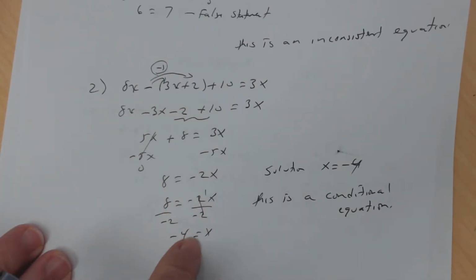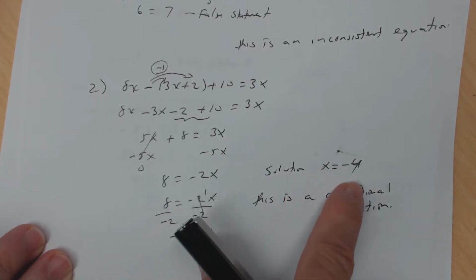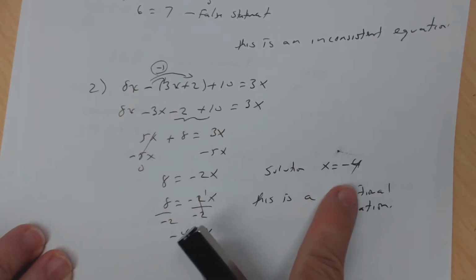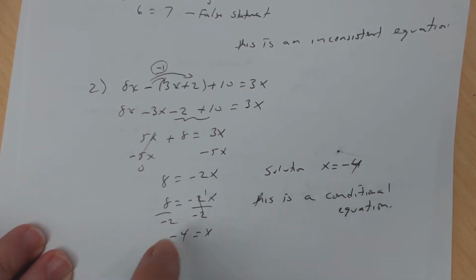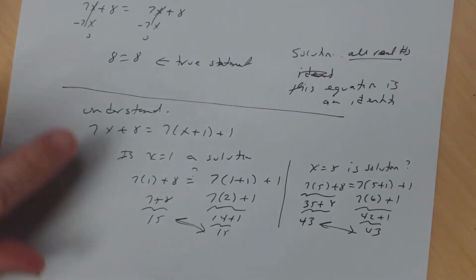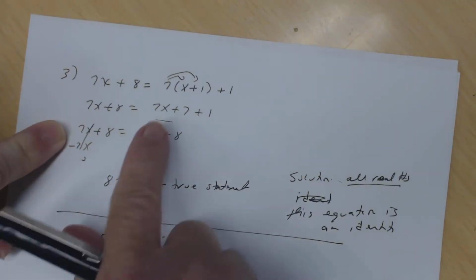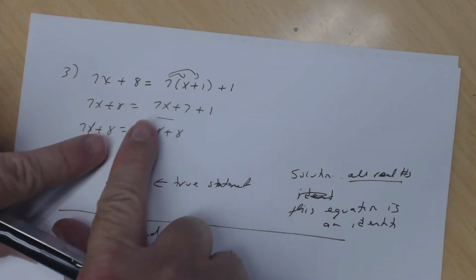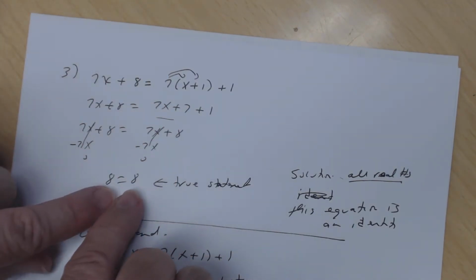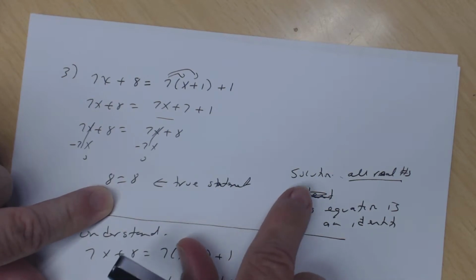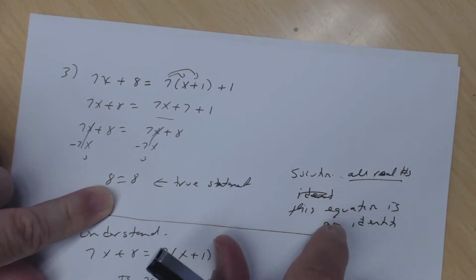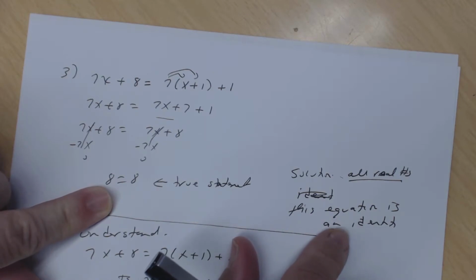If you solve this equation and you get at least one solution for x, then you do have a solution, and you say it's a conditional equation. If when you solve the equation, the variables disappear, and you end up with a true statement, then you're going to say all real numbers, and this would be an identity.